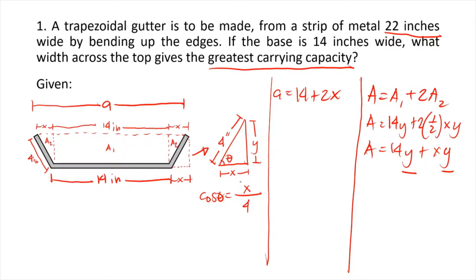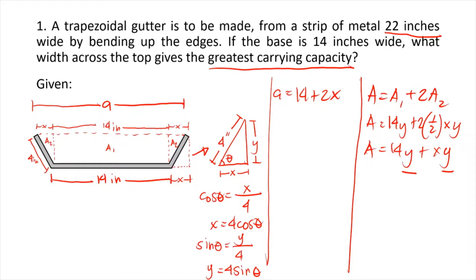Okay, so solving for x or isolating x, we get 4 cosine of theta. For y, y is opposite angle theta, so we should use sine theta. We have here sine theta is opposite, opposite is y, over the hypotenuse, which is 4. Therefore, y is 4 sine theta.